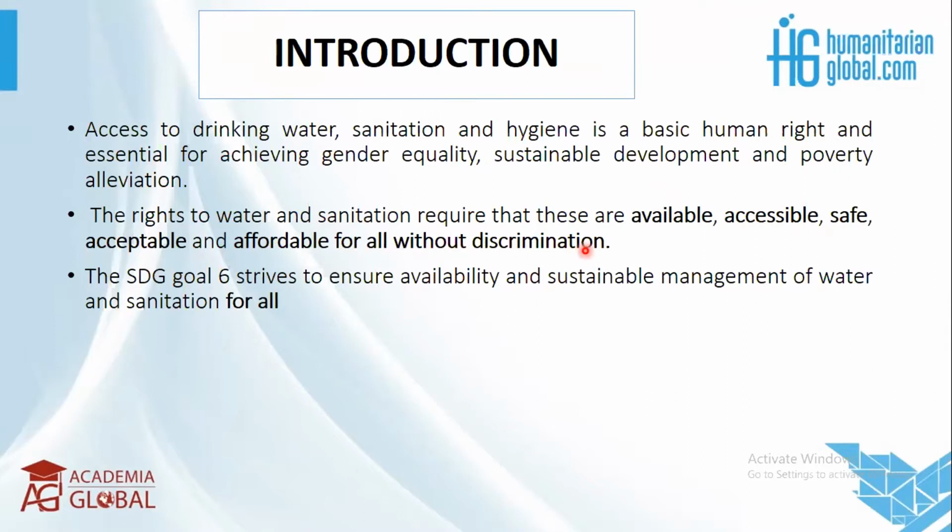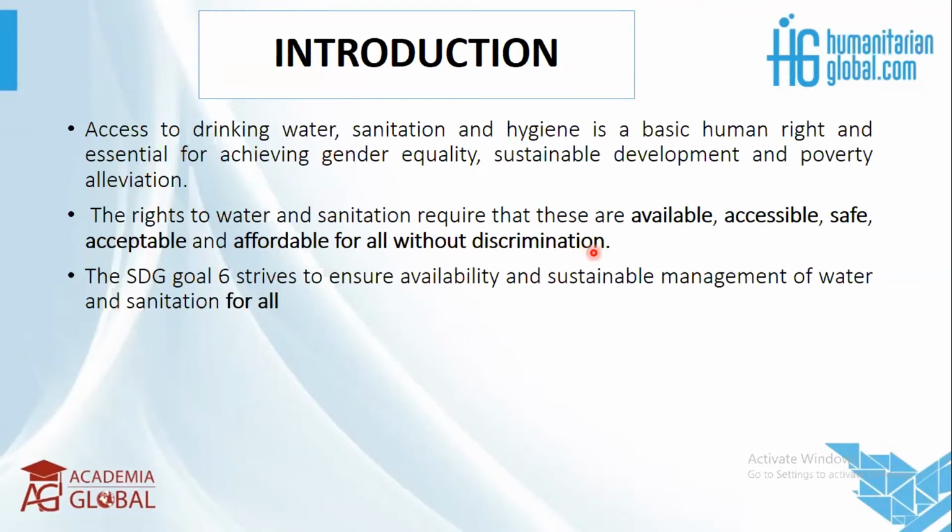The key phrase here is without discrimination. It has to be available and accessible to all, despite the status of an individual, where they are living, or their state of health. Services have to be available to all.